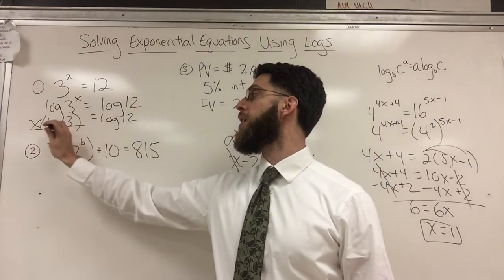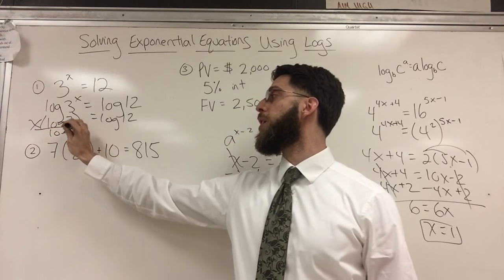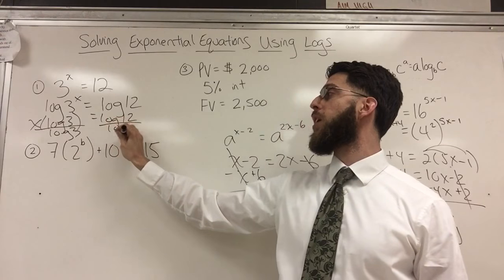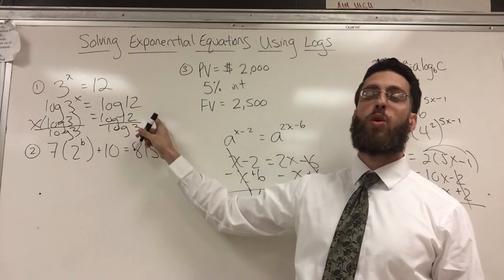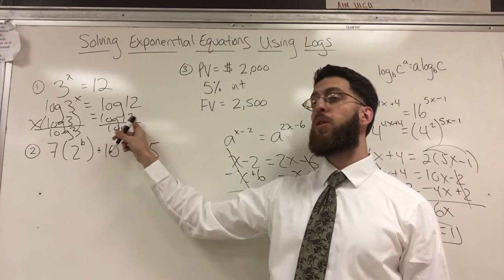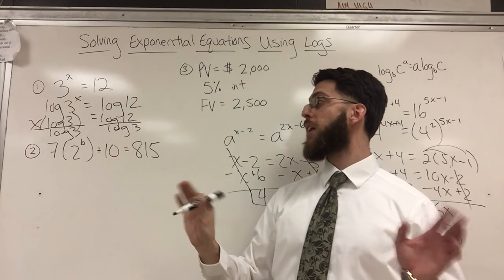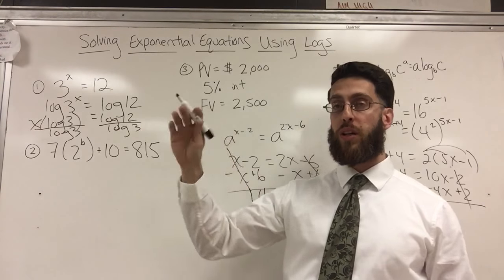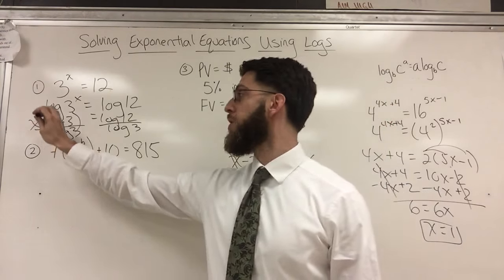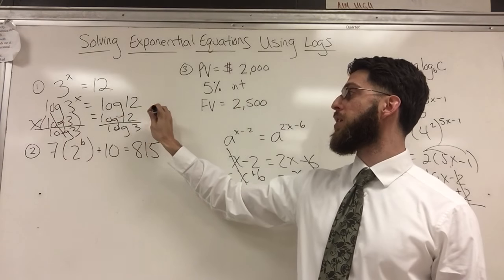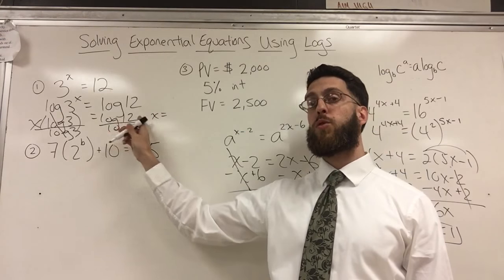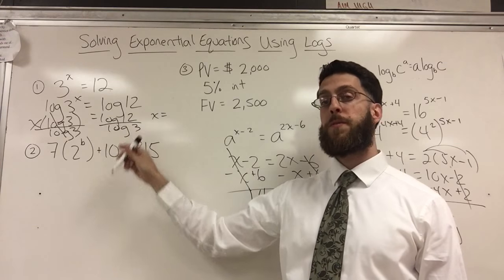You're dividing by the entire log of 3. Do not do 12 divided by 3. Log of 12 divided by log of 3 is not 4. You're doing it separately. So this is going to cancel, and x is going to equal whatever log of 12 divided by log of 3 is.